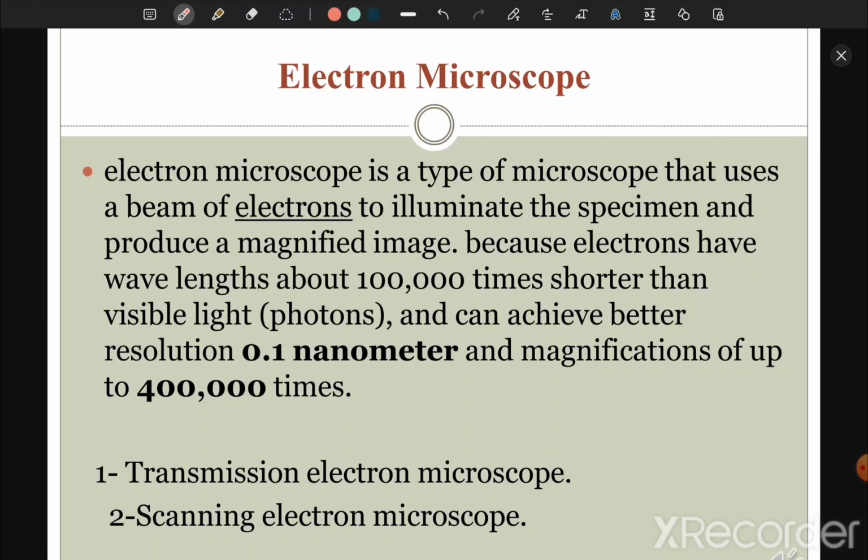For example, instead of the paraffin that is used for embedding in the light microscope, here we will use plastic resin, which is epoxy. It is a very hard glue-like material. It hardens immediately. It will not need a temperature or a baking procedure, or an increase in temperature in order to be hardened, like in the case of paraffin.